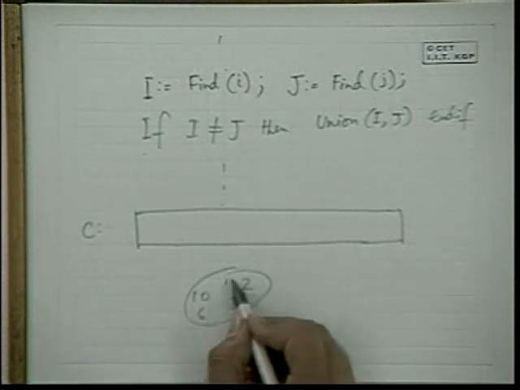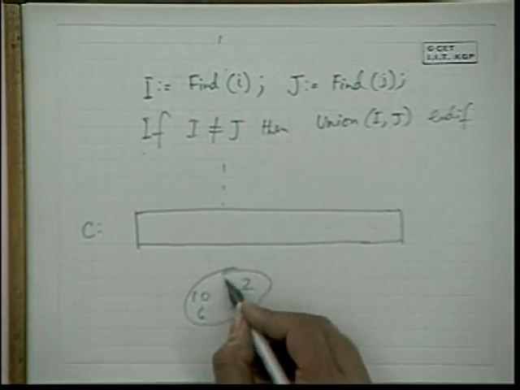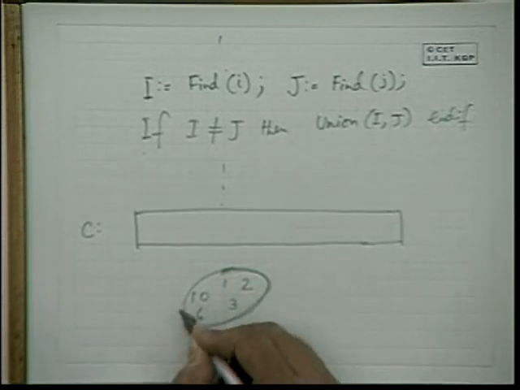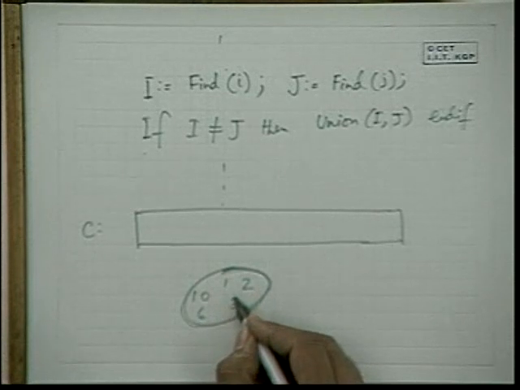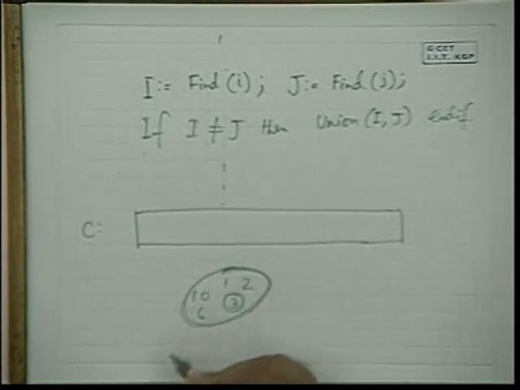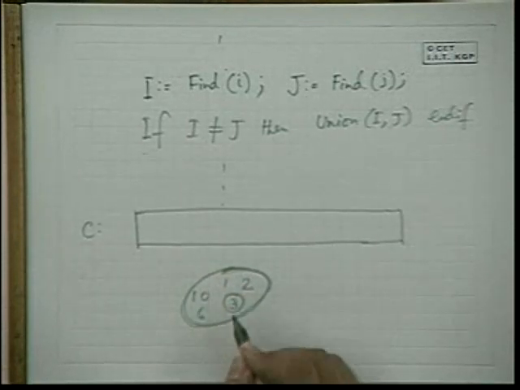Suppose this is a set of these elements. Then we will represent this set with one representative element. In this case, suppose I take that representative element as 3. So as if the 3 represents this whole set. So the name of the set is 3.